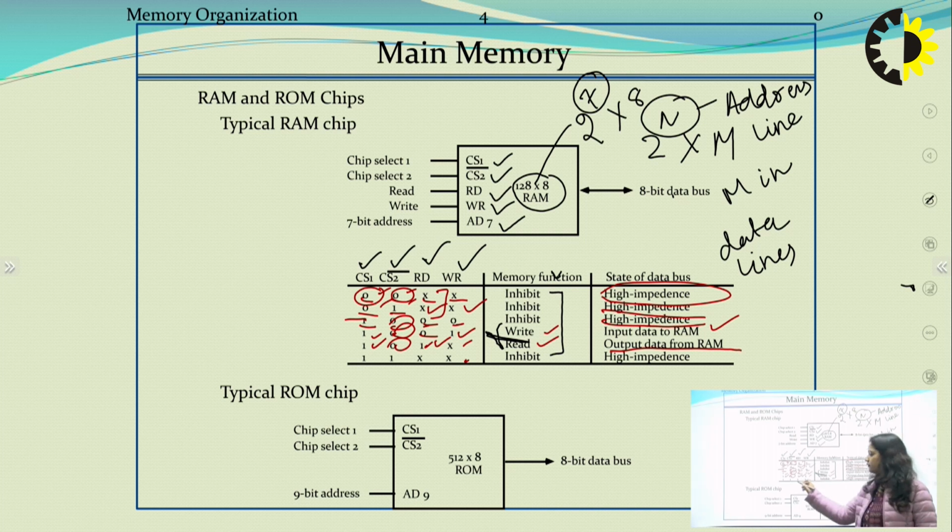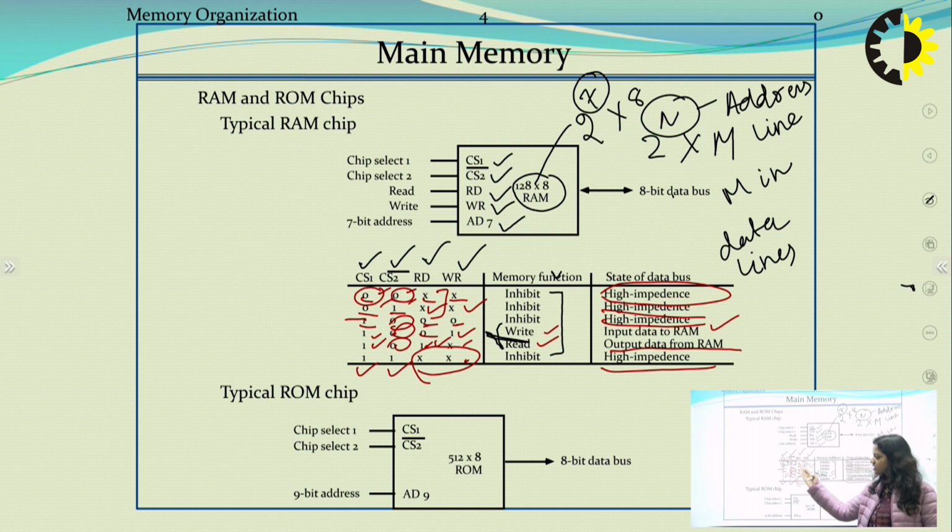Then again, when both values are 1, means chip select 1 is also 1 and chip select 2 is also 1, that is not going to happen in your system because we can't select a RAM and a ROM chip at the same moment. Because of complexity, we can't perform so many operations at the same moment. So, here again, we don't care about the reading and writing operation. Again, the high impedance state will be the state of the bus and no data will be flowing to the bus or taken from the bus by a RAM chip when both the lines are activated.